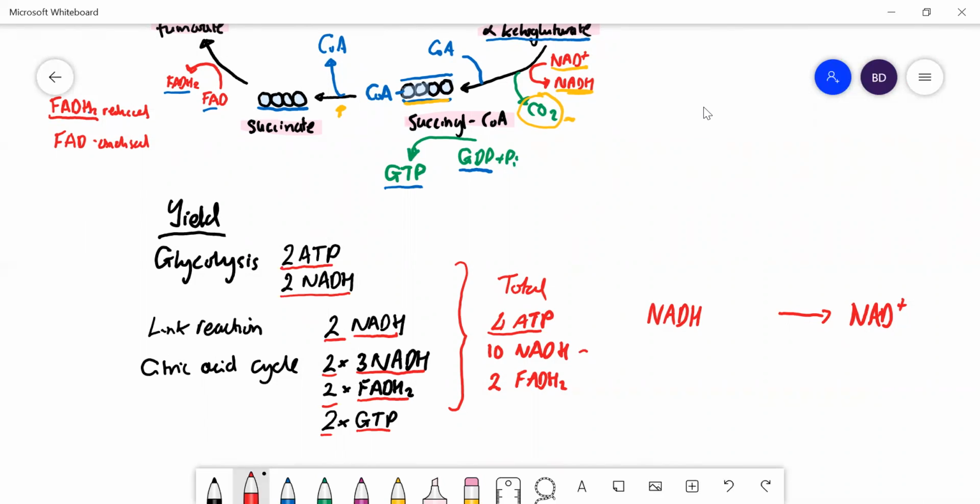What's going to happen with these is they are going to be used in the mitochondria to generate ATP. Now, if I just show you here, NADH, I said this is high energy, and it is reduced. And this is NAD+. It hasn't got so much chemical energy, and it is oxidized.